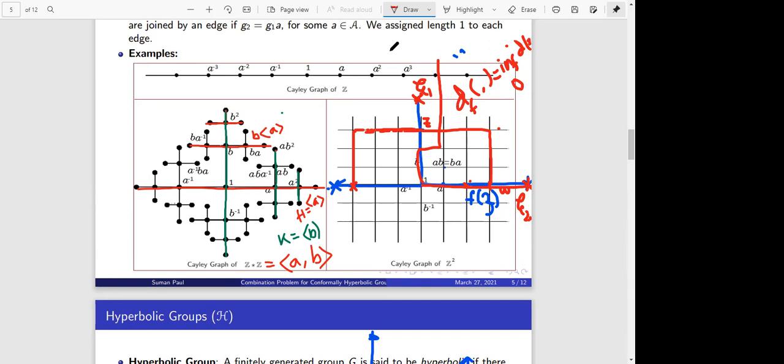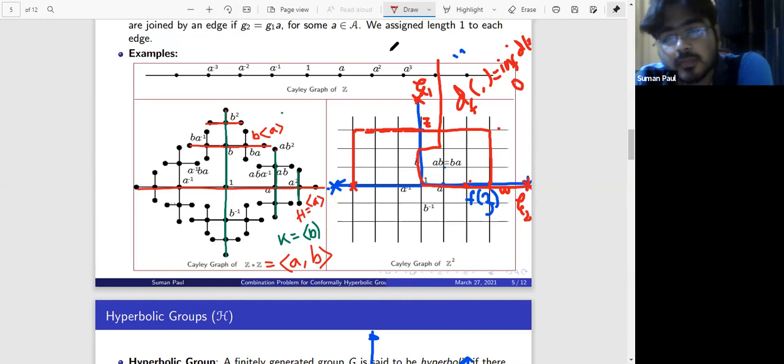You define the distance between xi1 and xi2 as the infimum of the Floyd distance between Z_n and W_n. If I take other representatives Z_n' and W_n', then they have to be the same: the infimum of the Floyd distance between Z_n and W_n equals the infimum of the Floyd distance between Z_n' and W_n'.